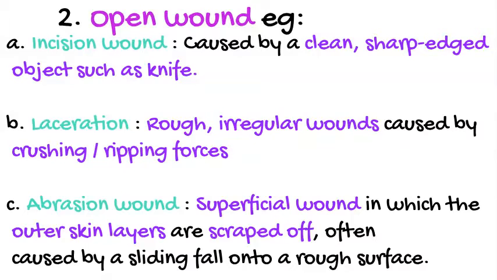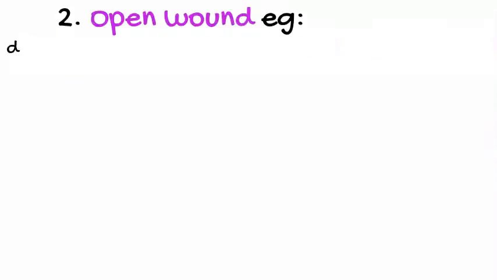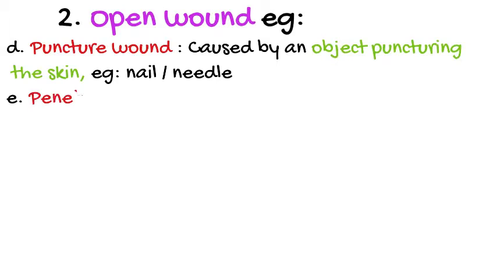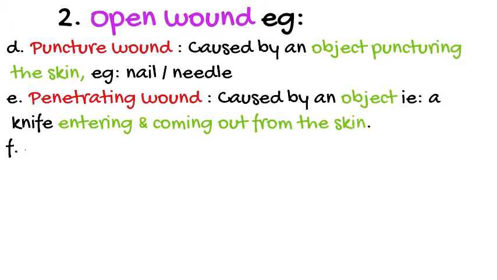C. Abrasion wound. It is a superficial wound in which the outer skin layers are scraped off, often caused by a sliding fall onto a rough surface. D. A puncture wound. It is caused by an object puncturing the skin, example, a nail or needle. E. Penetrating wound.